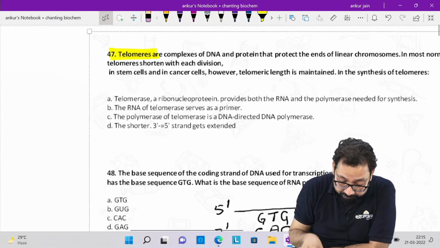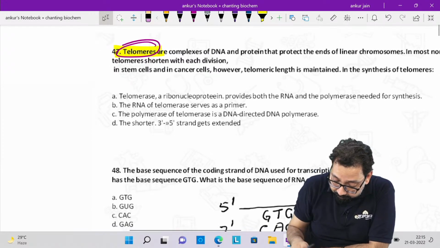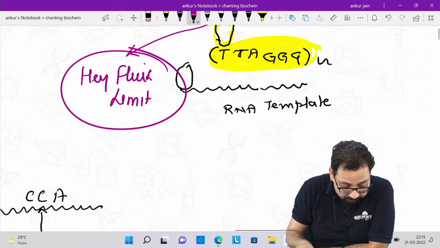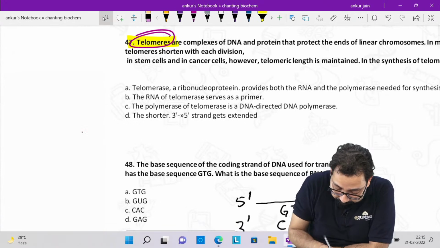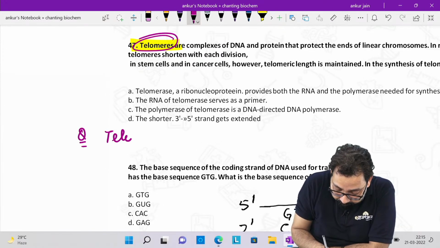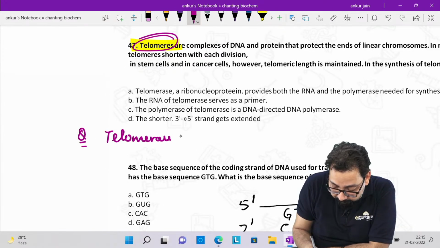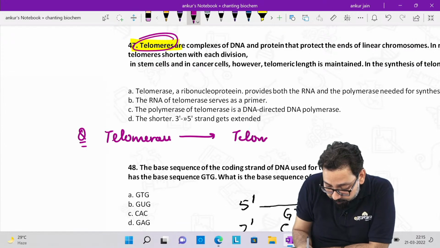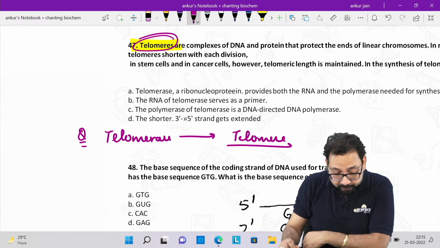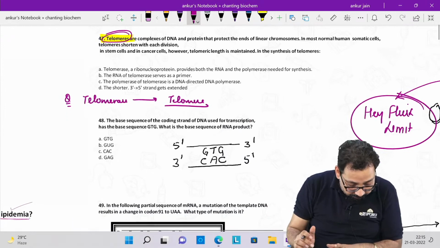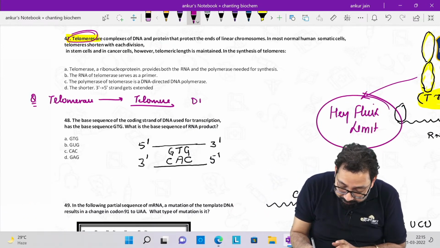What I said, telomerase activity, and telomerase synthesize telomere. Question is asked, telomerase synthesize telomere, and this telomerase is DNA.